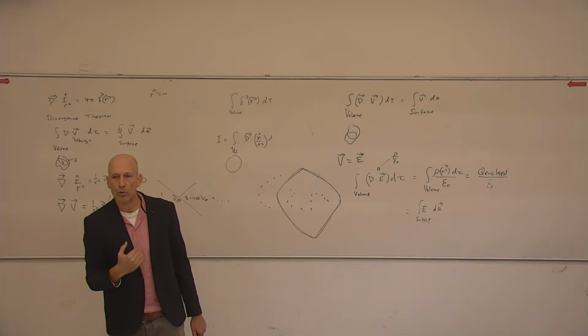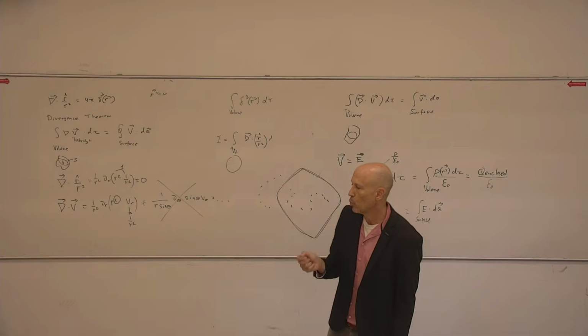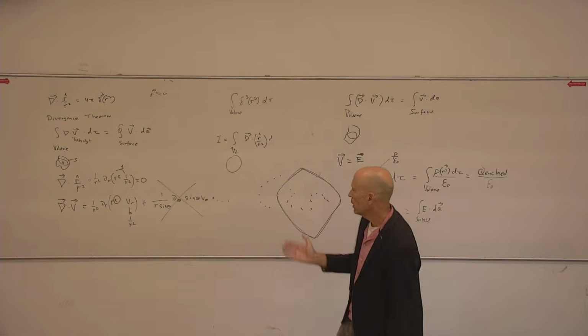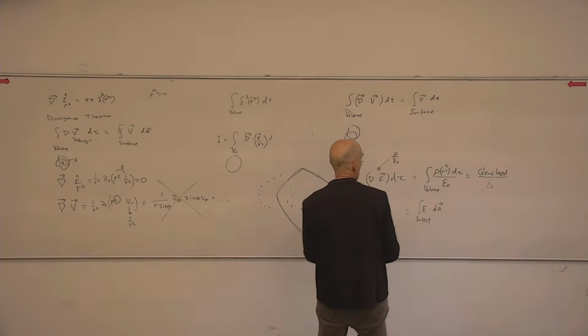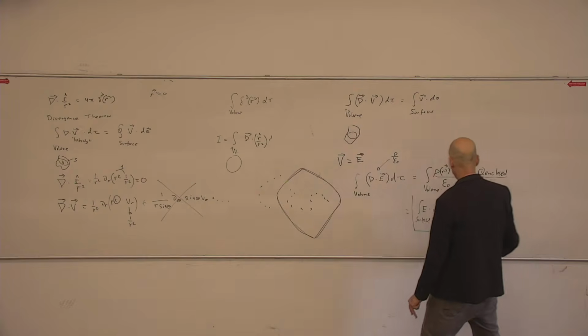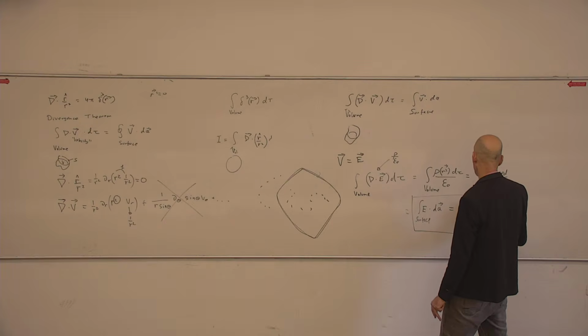You don't need to be close to the charge in order to know how much charge. This doesn't tell you where the charge is, but it tells you how much is enclosed in this box. And you can create many different types of box. So this is called the flux. And this enclosed charge is divided by epsilon 0.